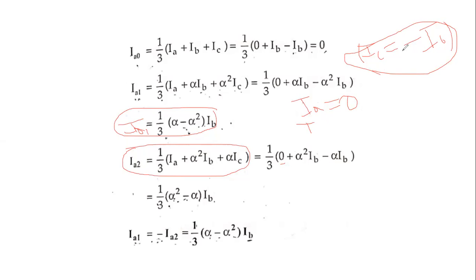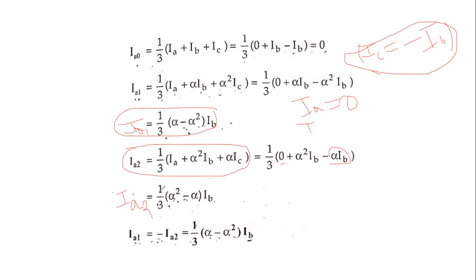What is the IC value? IC is equal to minus IB. We substitute IC is equal to minus IB. Therefore we take the IB term common, and that gives the IA2 current, that is the negative sequence current at phase A.